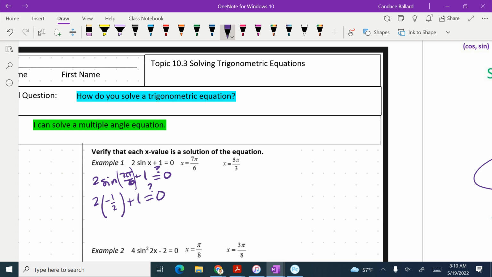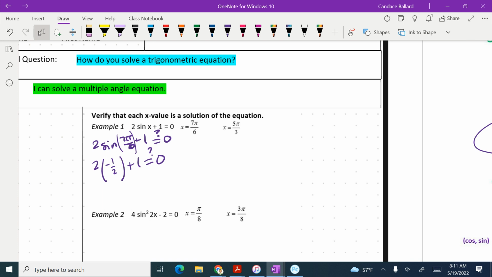Is it equal to 0? I don't know yet. Okay, what happens with these 2's? Cancel. So I've got negative 1 plus 1. Is that equal to 0? Yep. So that one is a solution. Yes, it worked, or true. You go yes or the word true, something like that.